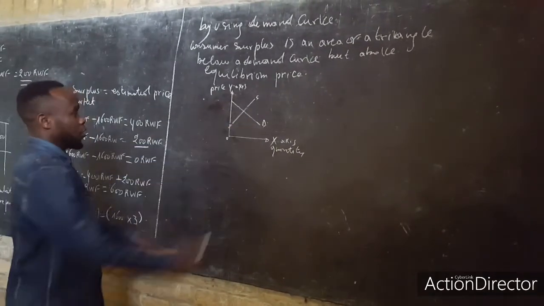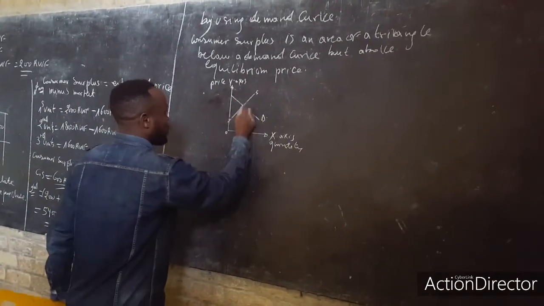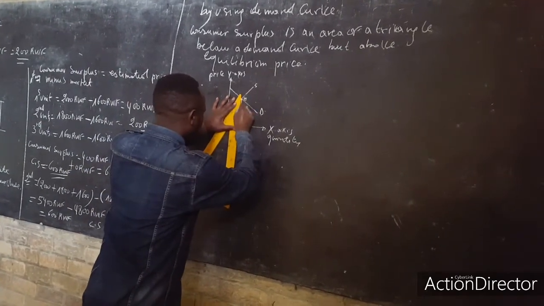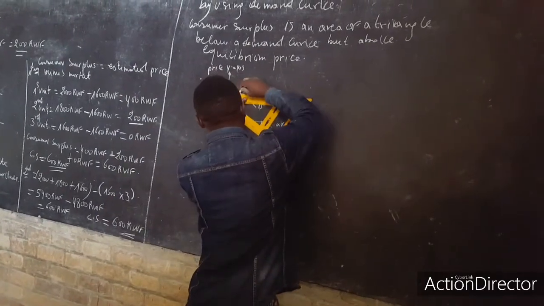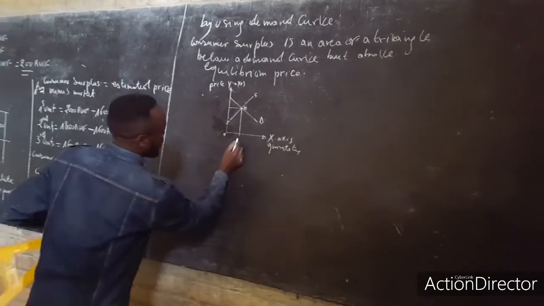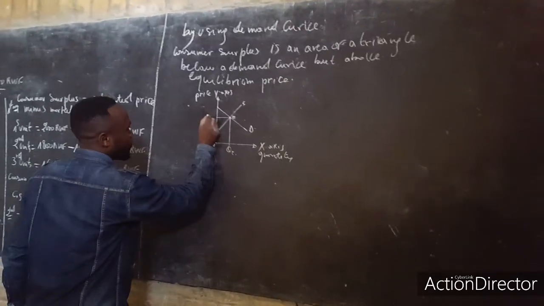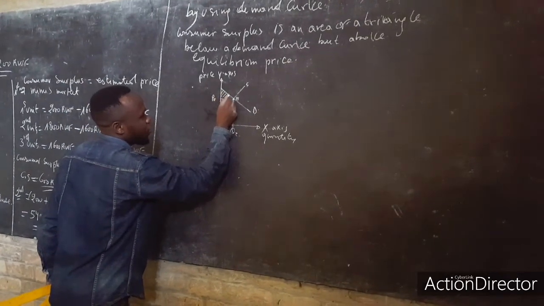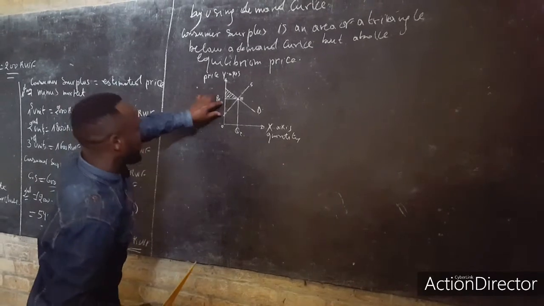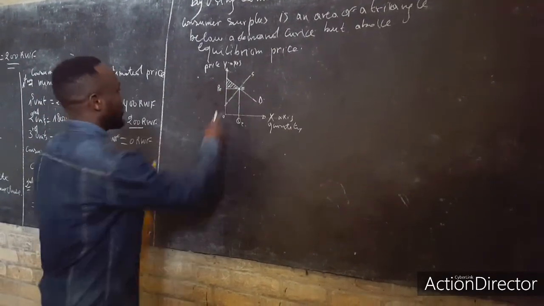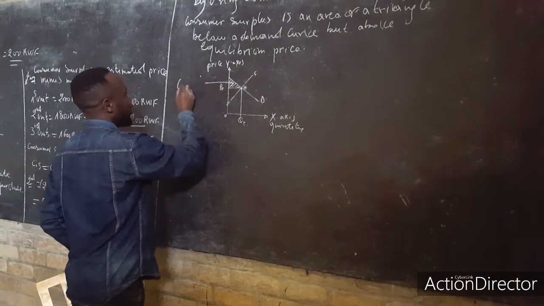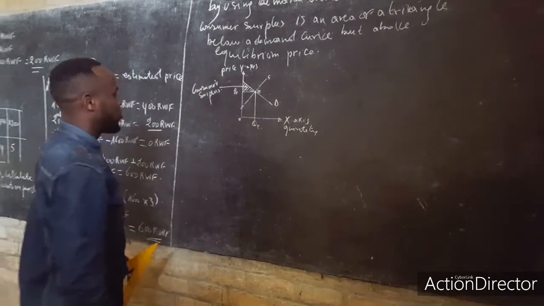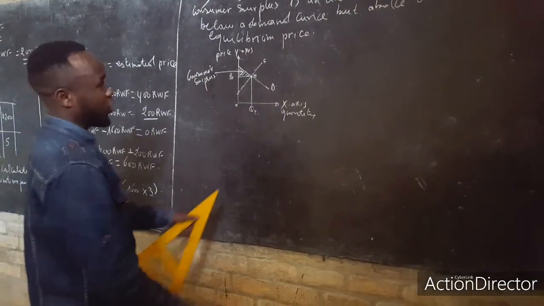The point where the supply curve and demand curve meet is what we call equilibrium. The quantity here is equilibrium quantity. The price here is equilibrium price. This triangle above the equilibrium price but below a demand curve is what we call a consumer surplus.